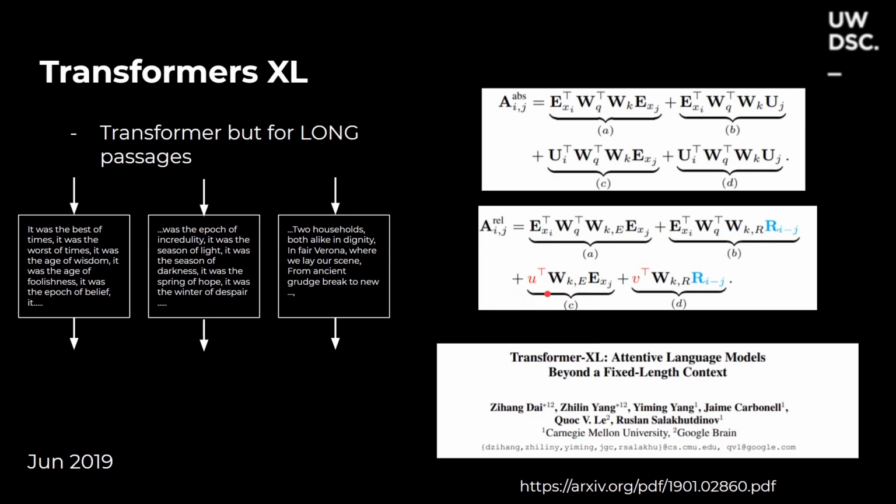And the result of this paper is that using the same parameters and same hardware, you are able to learn 400% longer than normal transformers. So 400% of 512 is like 2,000 something words, which is a significant improvement from the base transformer.